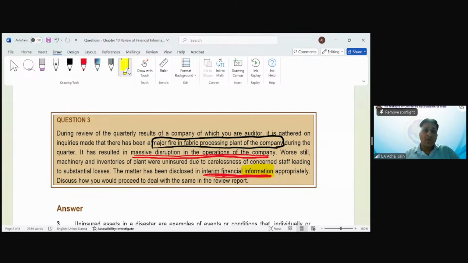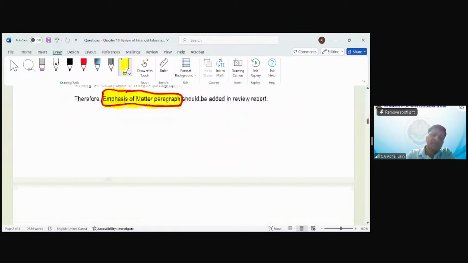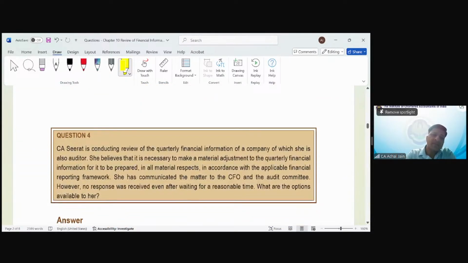Or the management is not ready to give adequate disclosures. That's where you may say there's a significant disclosure deficiency, and that's why you may consider an adverse or qualified opinion. But in this case, it will not be the opinion, it will be the conclusion. Clear? Yes, sir. All right, so let's look at the next one.